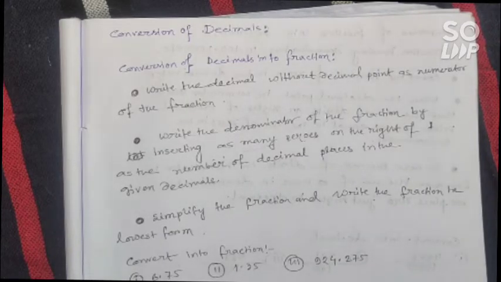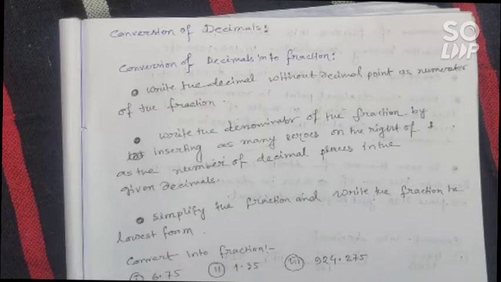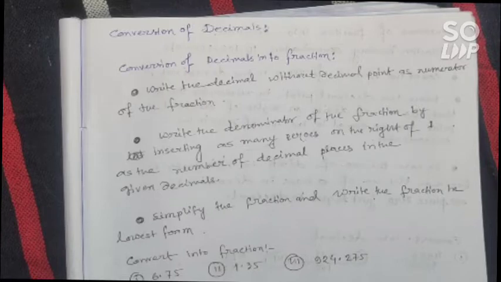And you have also learned how to represent decimals on a number line. You have also learned how, using the place value chart of a decimal number, you can write it in expanded form.